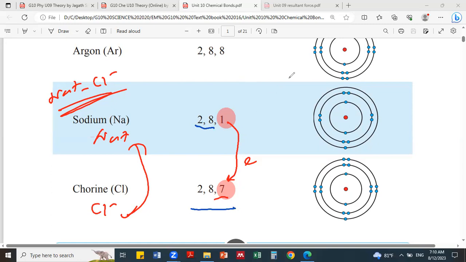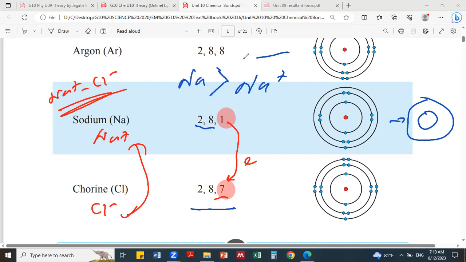But what happens then to the size of the atom? Sodium has 3 energy levels, then it will go down to 2 energy levels. Chlorine does not decrease, but the sodium ion is smaller than the sodium atom. That means positively charged ions are smaller; I'll write it like this, Na plus smaller than Na.